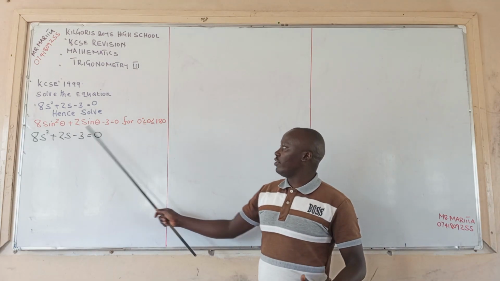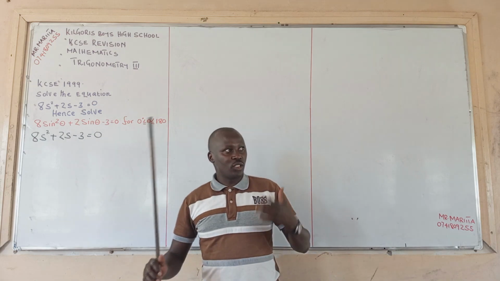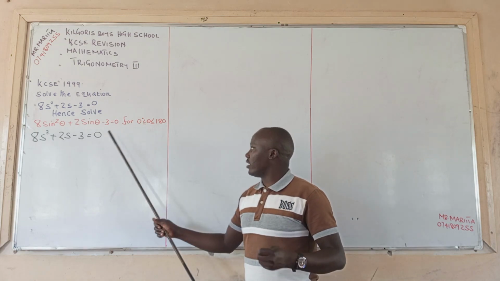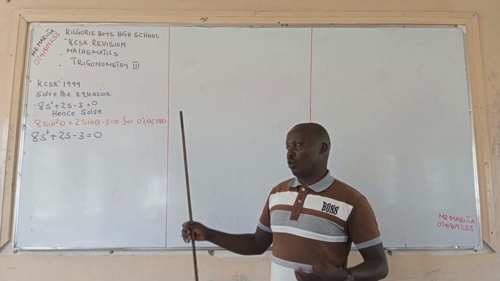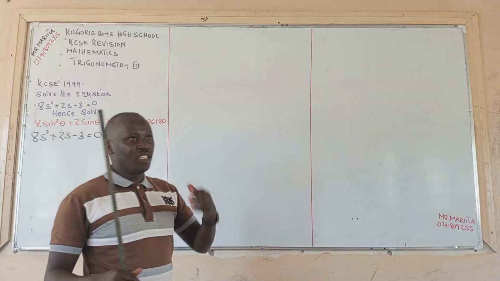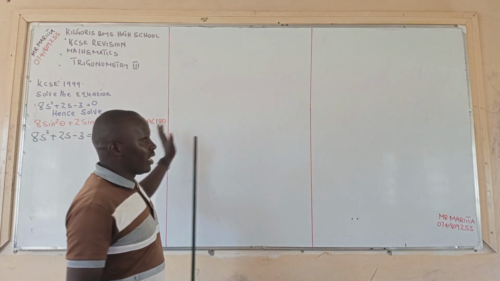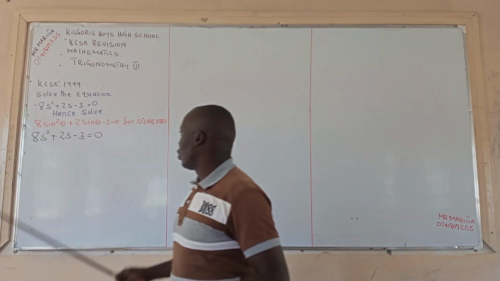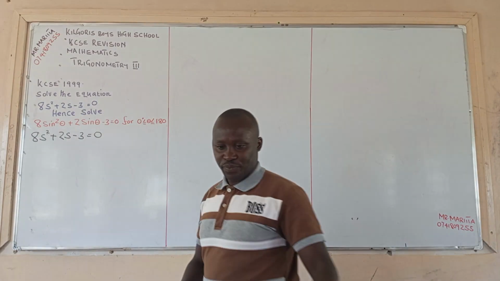Hence, solve 8 sine squared theta plus 2 sine theta minus 3 is equal to 0 for x ranging between 0 degrees and 180 degrees. So you have to solve that equation here.